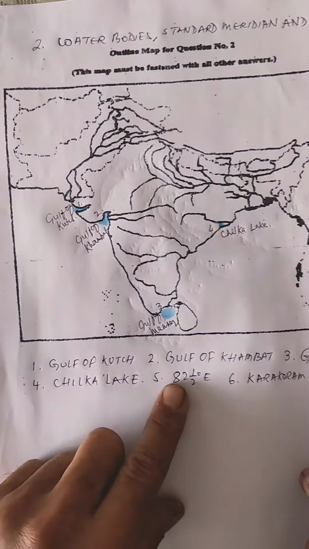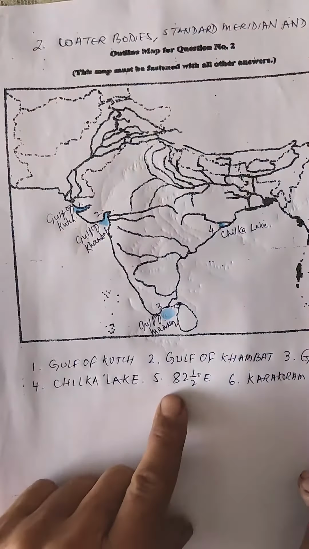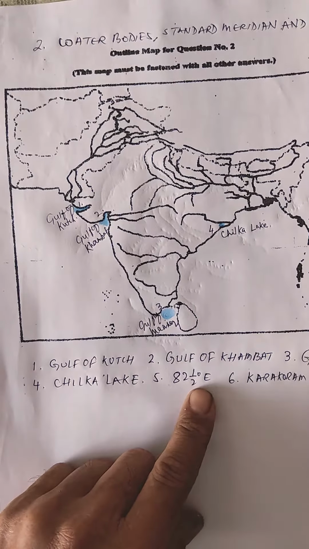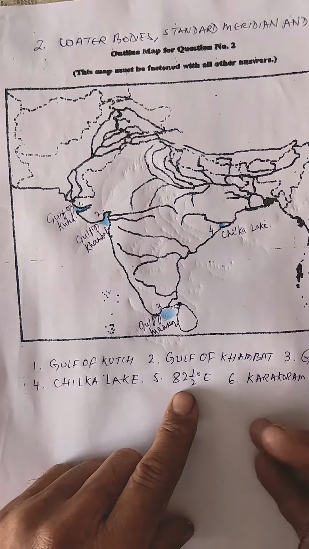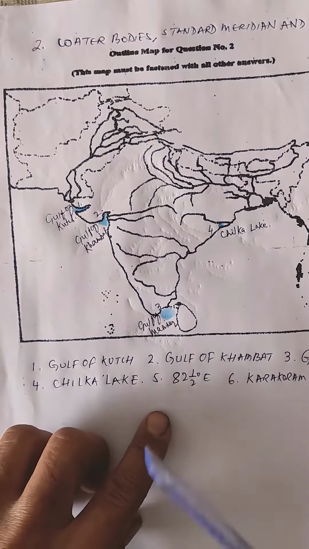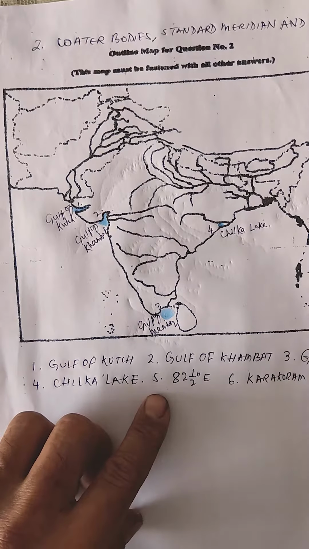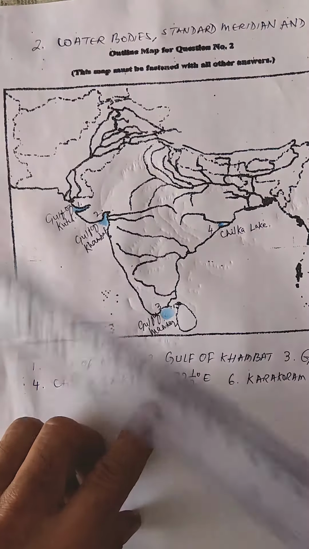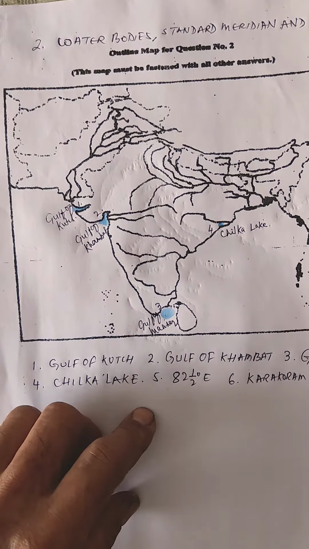Okay, the next one is the standard meridian, or 82.5 degree east. This you have to draw very carefully. In the case of a meridian, that is longitude, you have to use a scale. Now, how to place the scale?